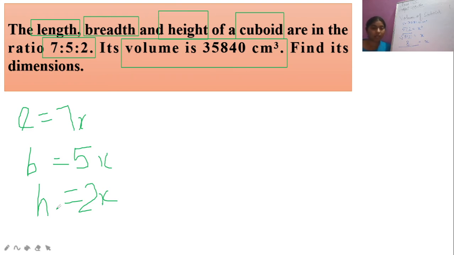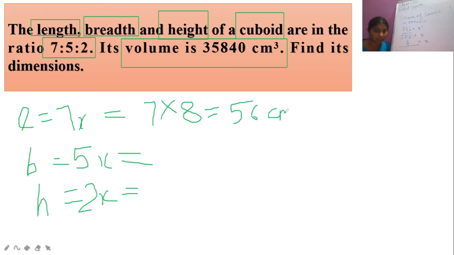Okay students, now you will just multiply the length, breadth and height. So we multiply 7 into 8. What is the answer? 56 centimeter, right? And for the breadth, 5 into 8 we get 40 centimeter.